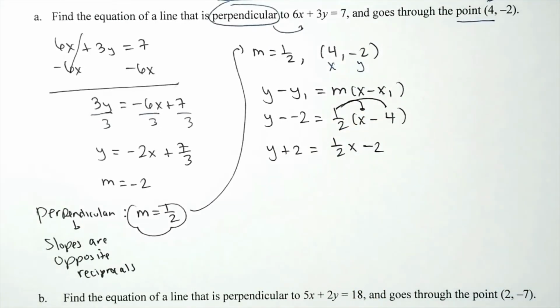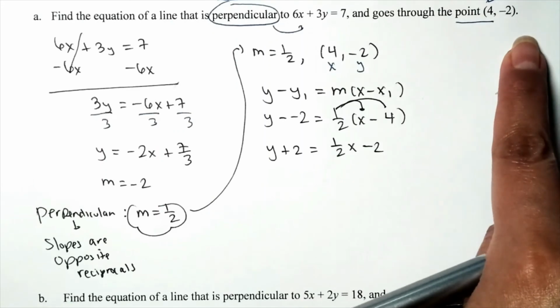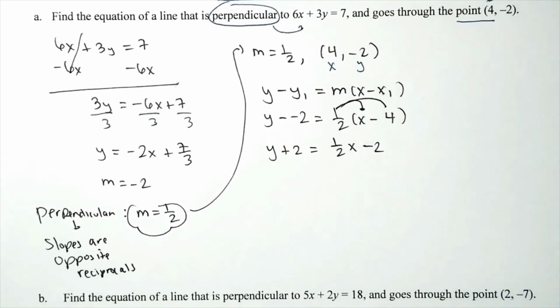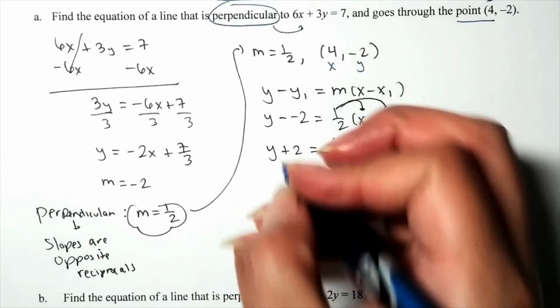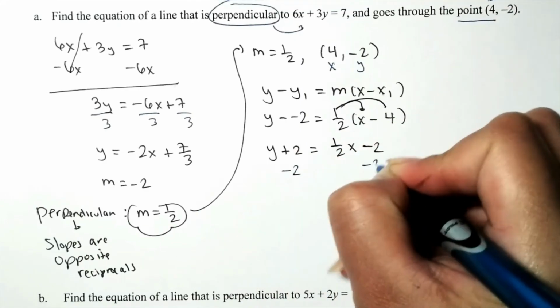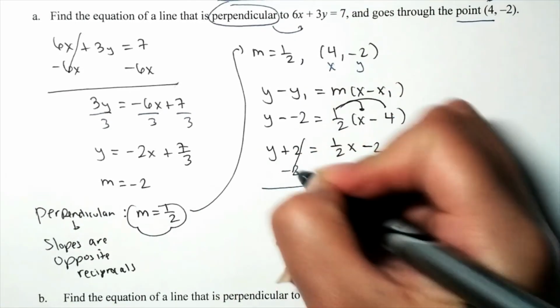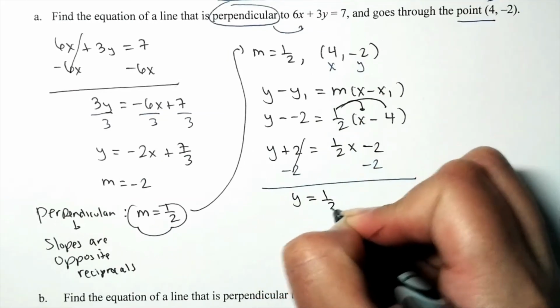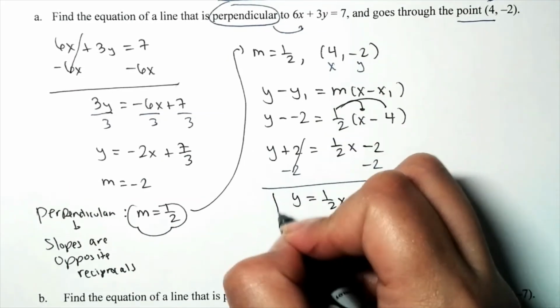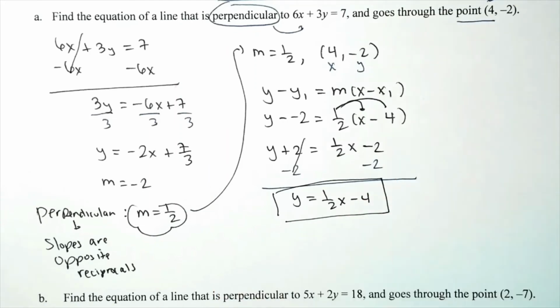To finish it off, because we are asked to write it in slope-intercept form, let's isolate that y term by subtracting 2 from both sides, and that will leave you with y equals 1/2 x minus 4. I checked this answer at my house. Fantastic. These kinds of problems were always tricky for me, so I'm hoping that if you do a few exercises, maybe they won't be tricky for you.